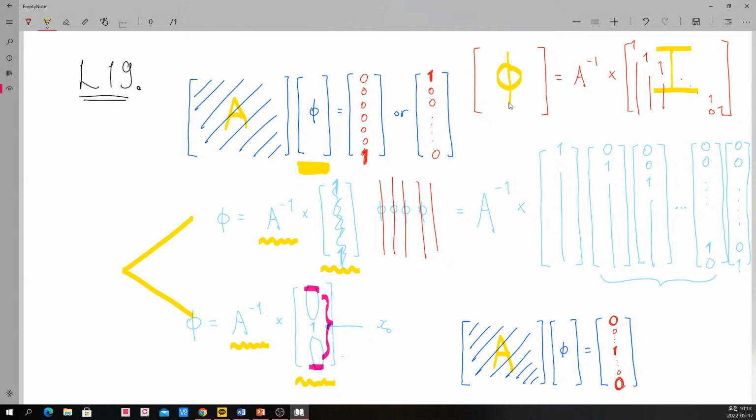Okay, so I think that is enough for today's lecture. I just wanted to give you homework number 19. Homework number 19 is simply to calculate the green function.